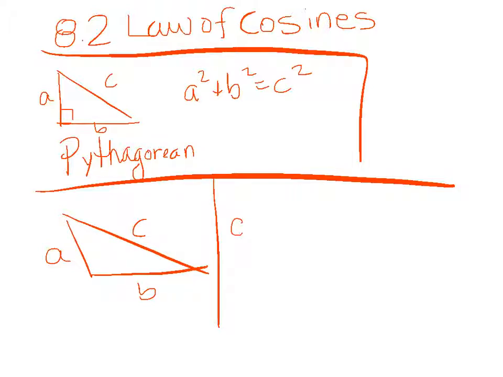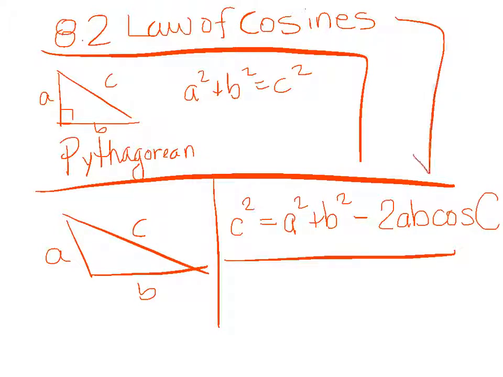So the law of cosines states c squared, the length of some side squared, is a squared plus b squared. Look familiar? But now, because it's not a right triangle anymore, we have to add this little piece, 2ab cosine of that opposite angle C. Okay? So this is your law of cosines. So I can find that side, given two sides and the angle between them.